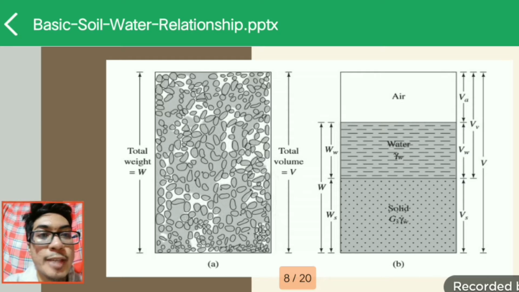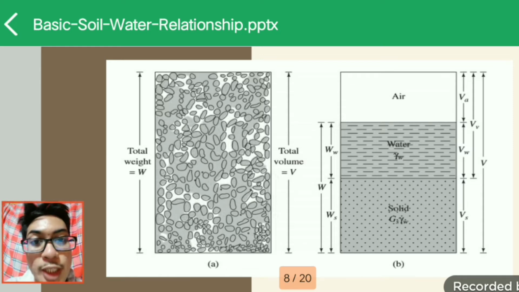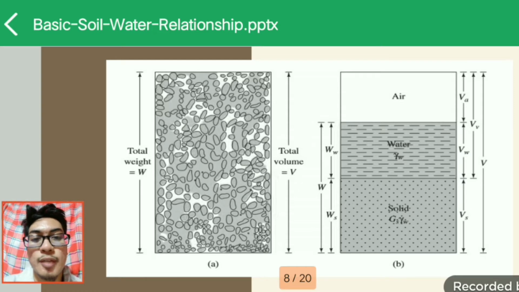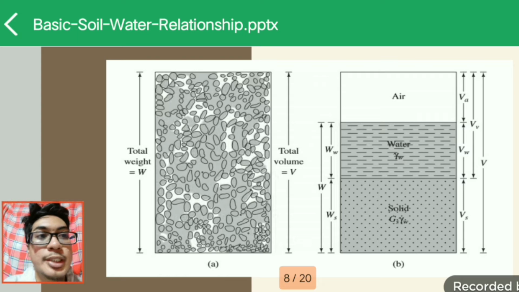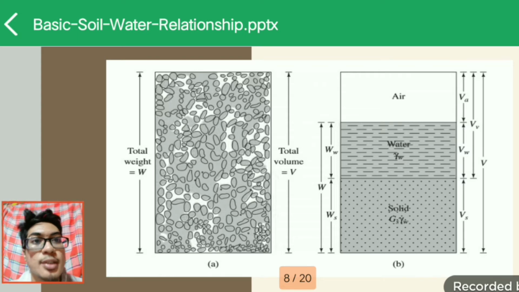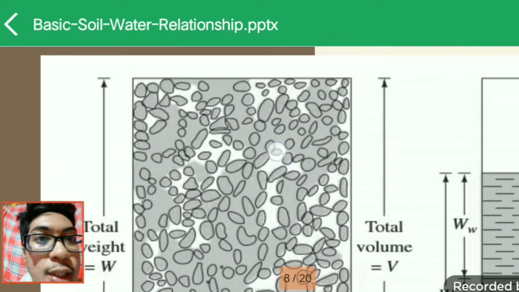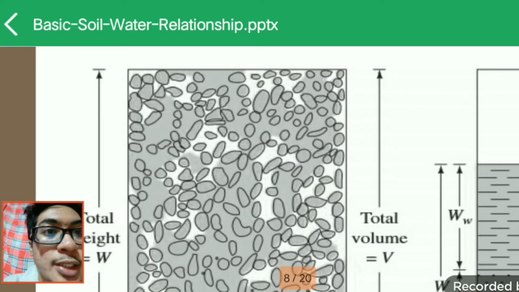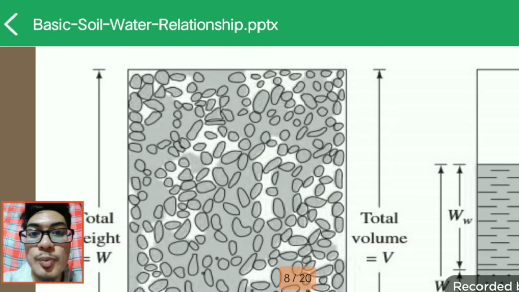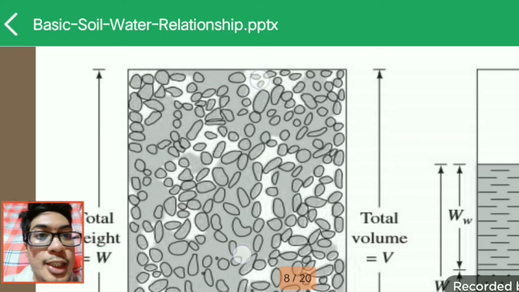And then we label their volumes. That V right there is volume. The total volume is of course the volume of air, volume of water, and volume of solid. The volume of void, or the pores, are the gaps between the solid and liquid particles, or the water in the soil sample.